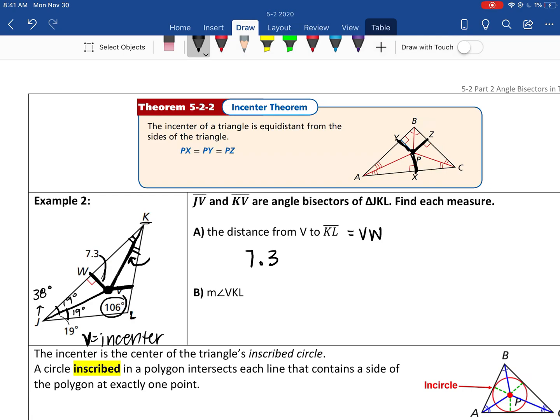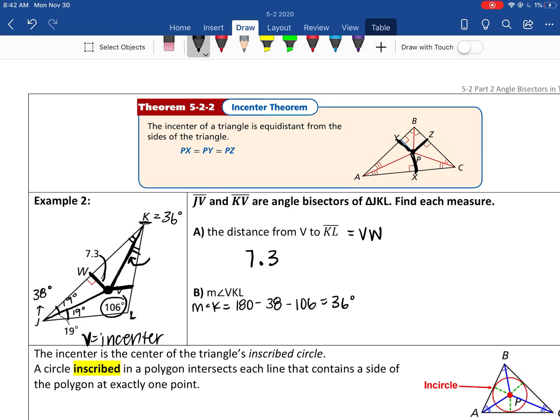So all I have to do is subtract those from 180 to find my entire angle K. Let's find the entire angle K: 180 minus 38 minus 106 gives me 36 degrees. So this entire angle K is equal to 36 degrees.